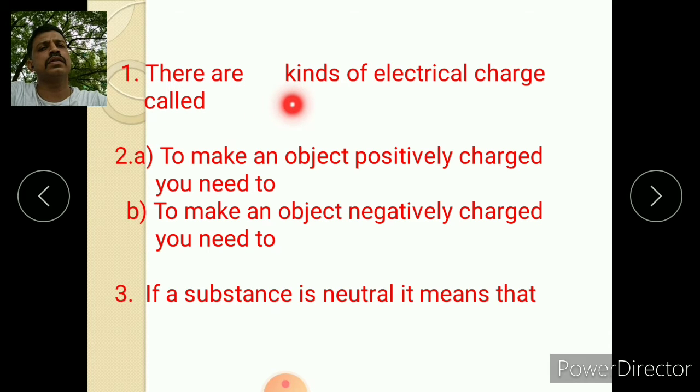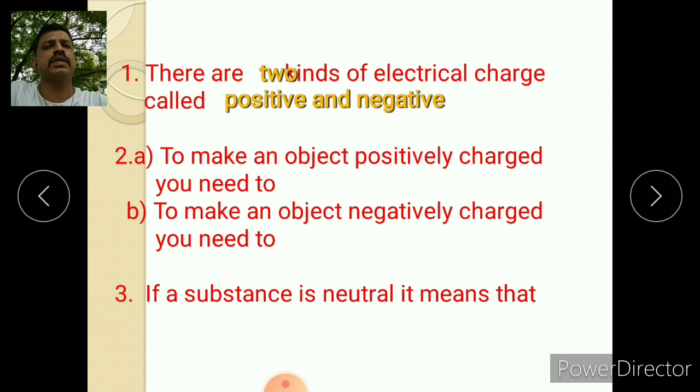There are two kinds of charges. These are the fill in the blanks. One by one, we say that there are two kinds of charges, positive and negative.